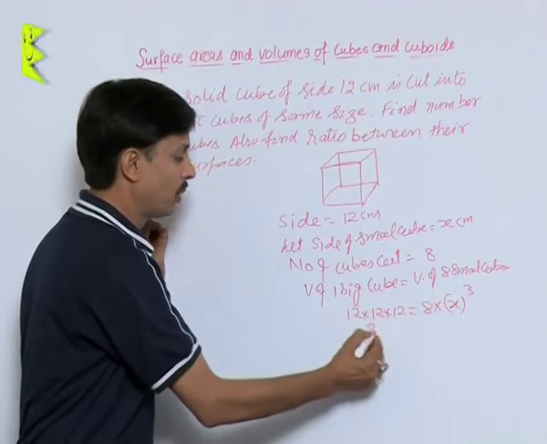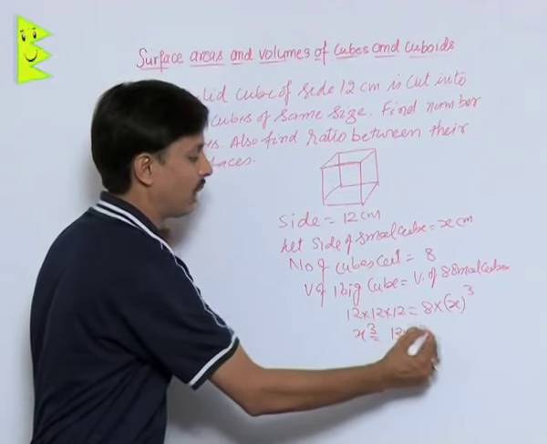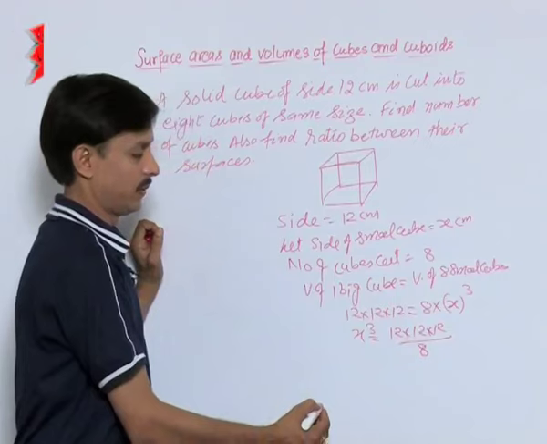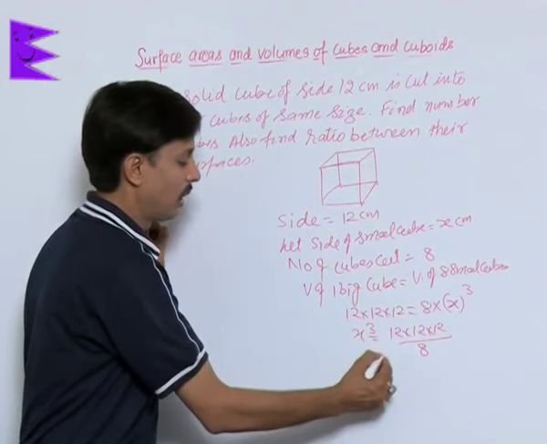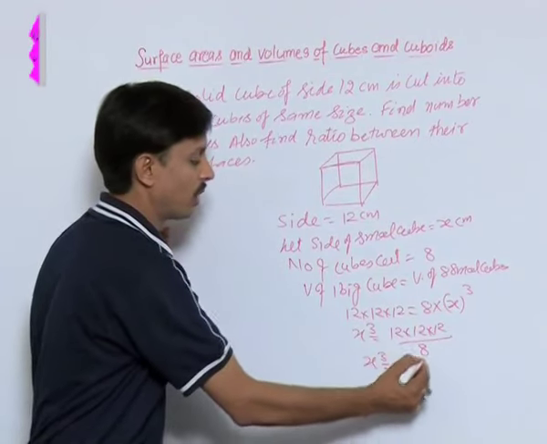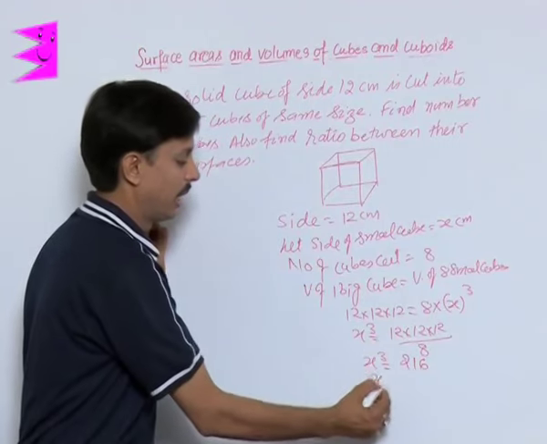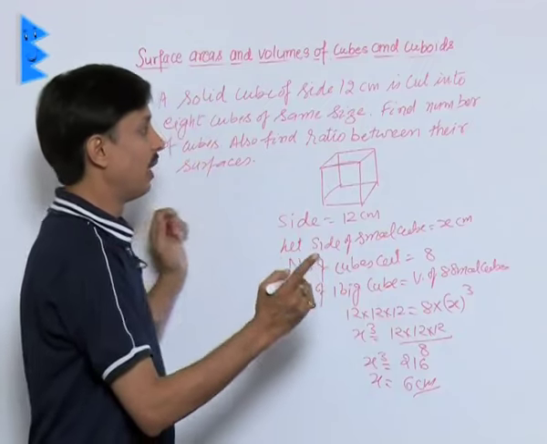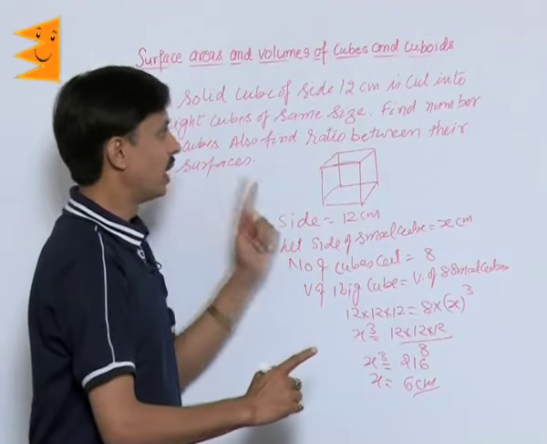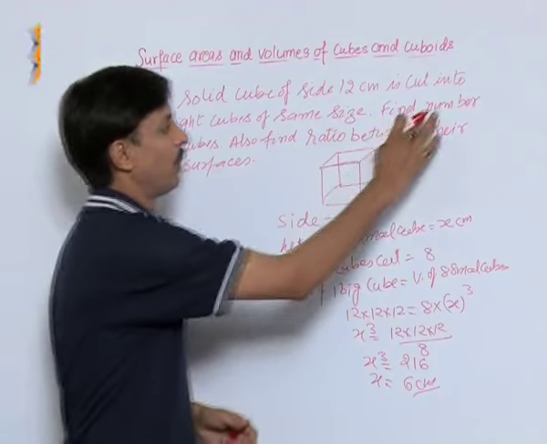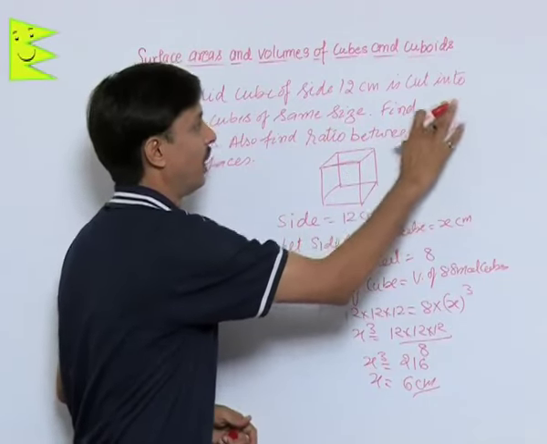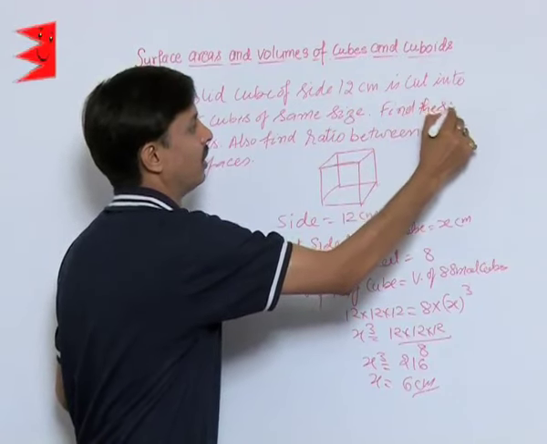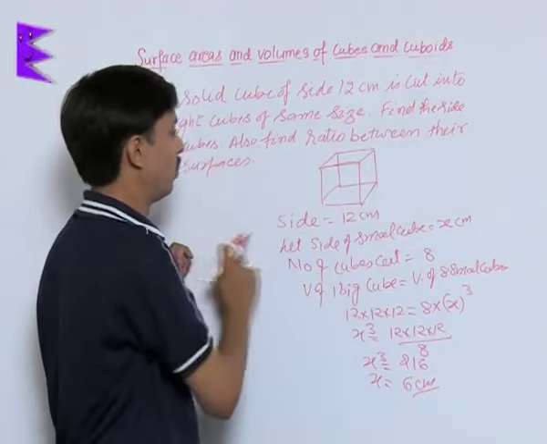So x cube is equal to 12 into 12 into 12 upon 8. So the answer of x cube is 216. Hence x is equal to 6 centimeter. So here, in place of finding the number of cubes, it is given that we have to find the side of the cube.